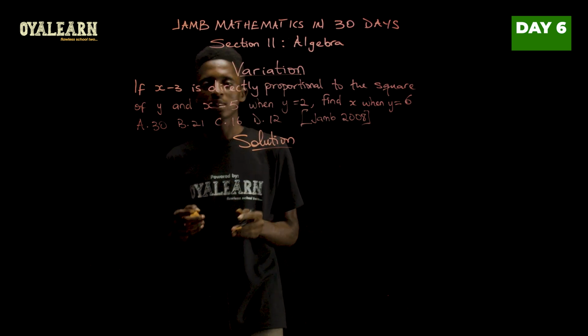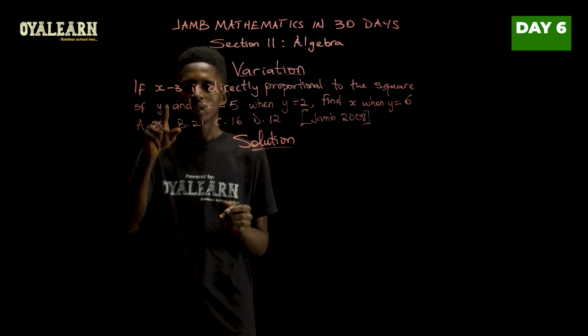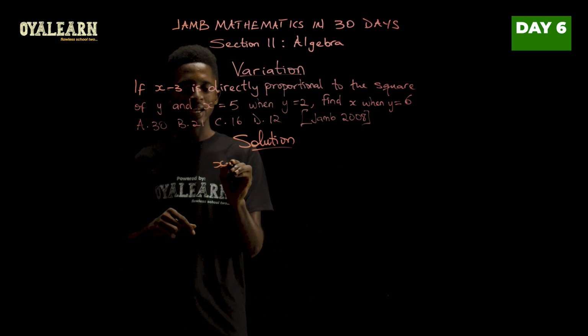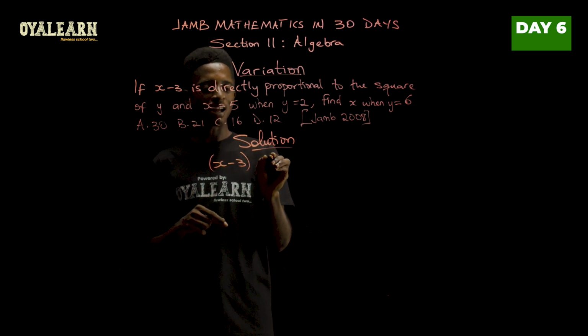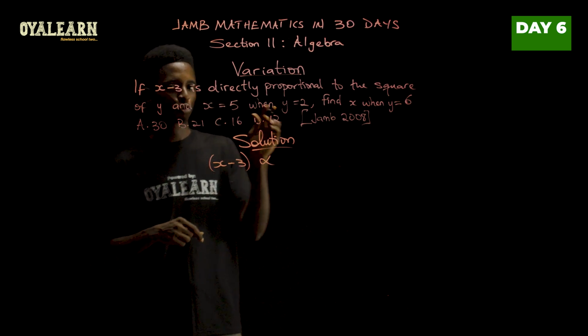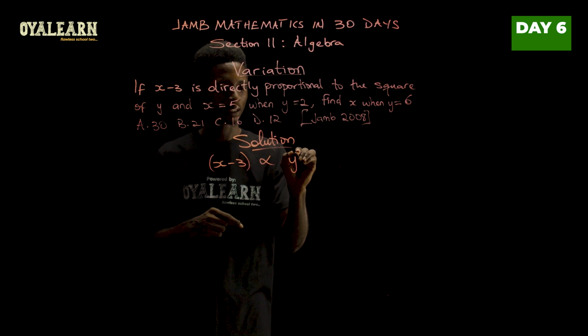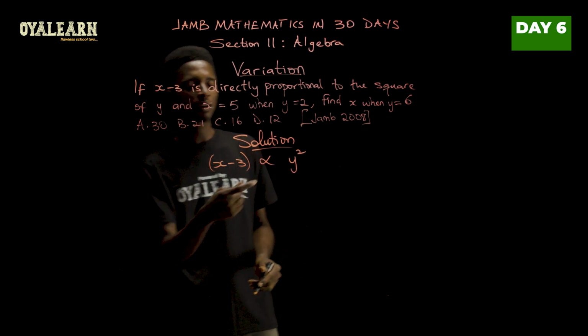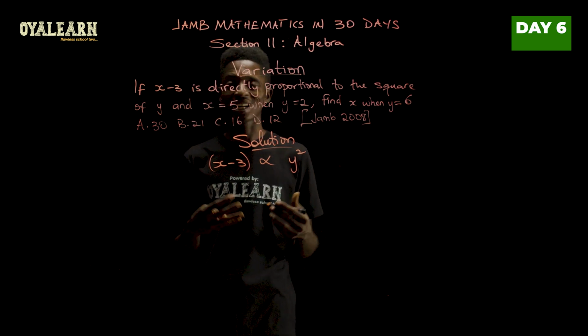To solve this, we have to write the expressions to show the variation first. We are told that x minus 3 is directly proportional to the square of y, that is y squared. When we remove the proportionality symbol, we have to introduce the constant k.